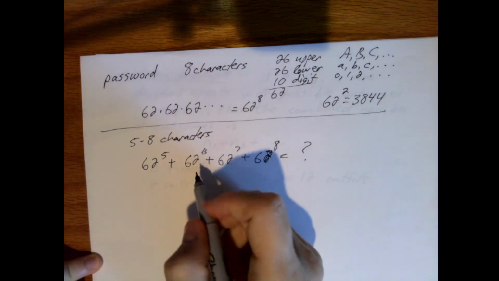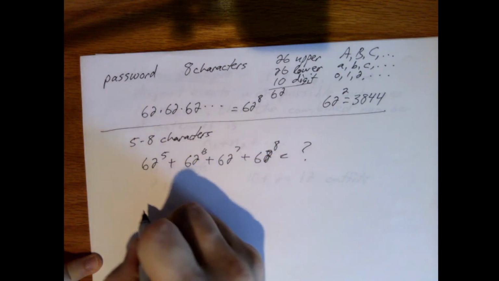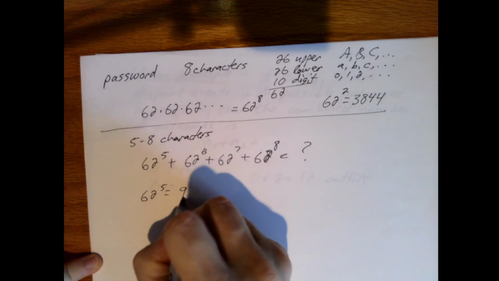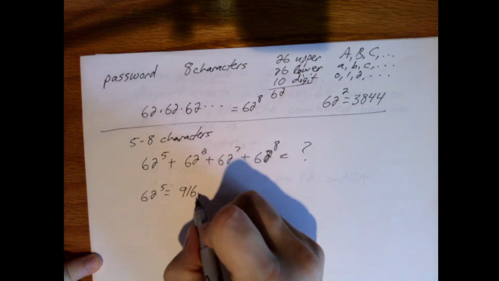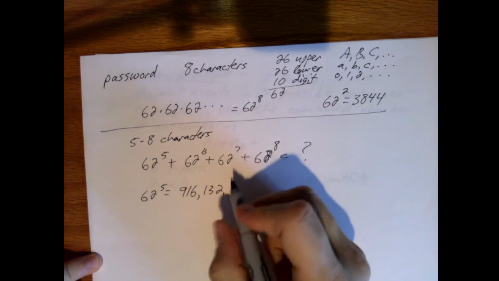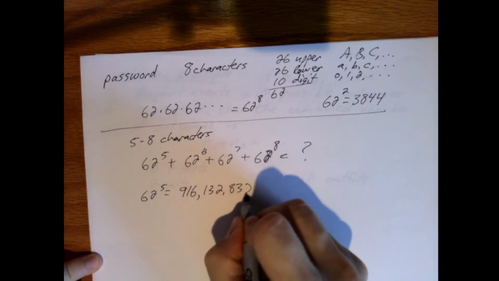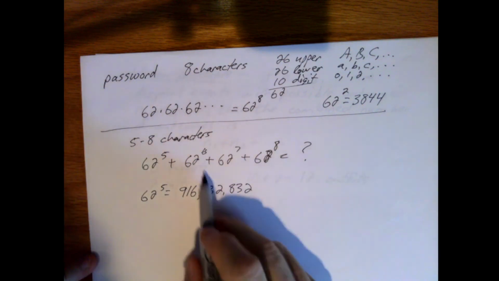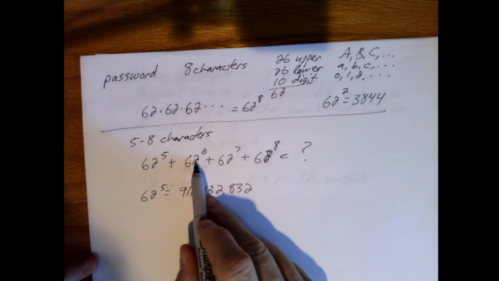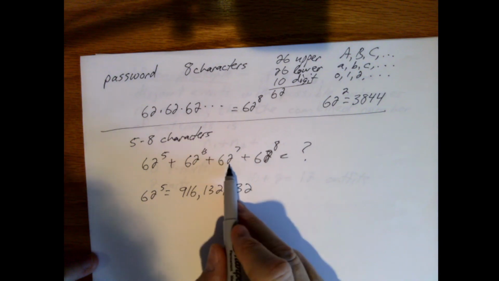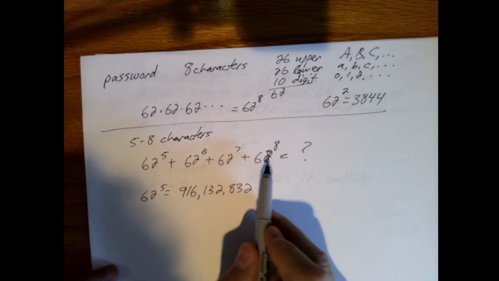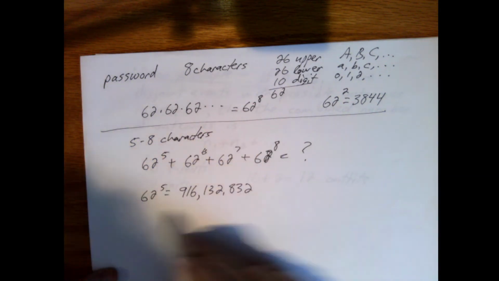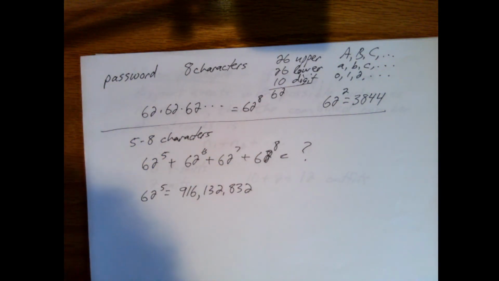And once again, this is monstrous because if we look at this, 62 to the 5th is equal to 916,132,832 different possible passwords. And so obviously, this is shifting a decimal point at least once from the previous possibility. So this is just, like I said, just huge.